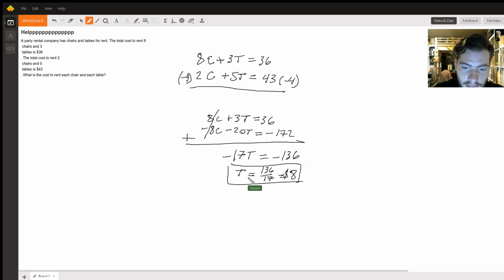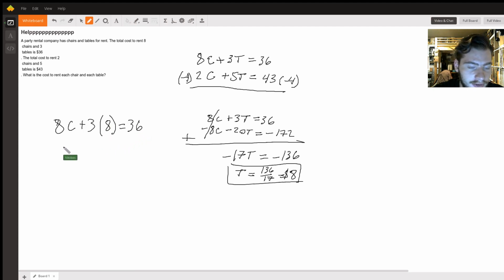Now we take any of these equations. I'm just going to use the top one and plug in 8 for t. So 8c plus 3 times $8 is equal to 36.